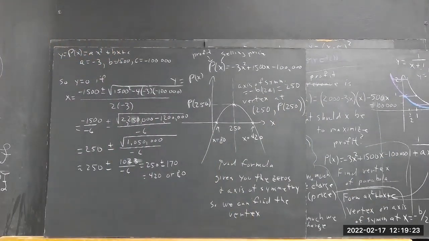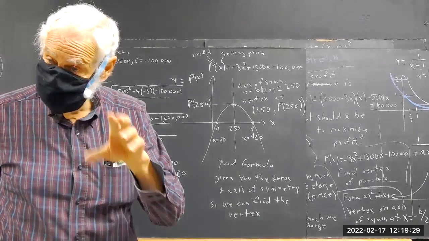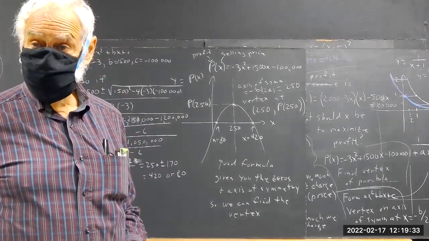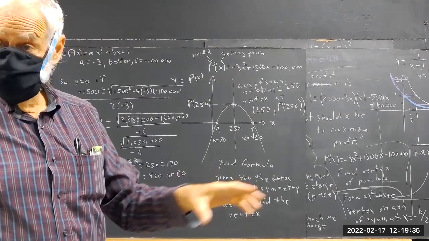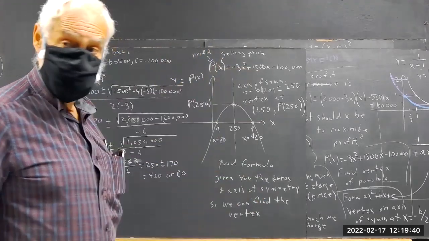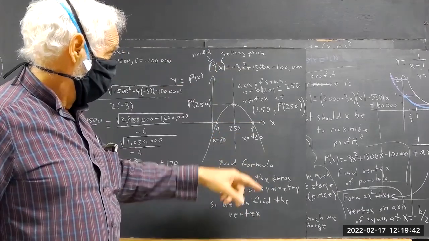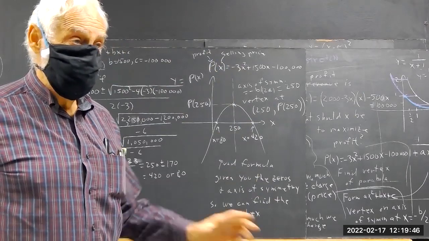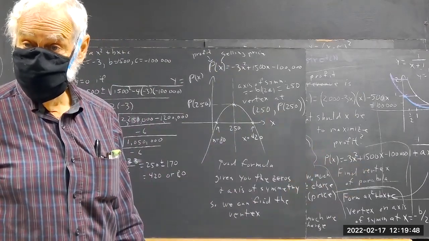Okay, well, that's just one example. And typically, for all of these questions in the assignment, and you'll see this in the examples and the explanations, you're going to do the same analysis. You're going to figure out where the zeros are, you're going to figure out where the vertex is, and you're going to use that to answer the question.